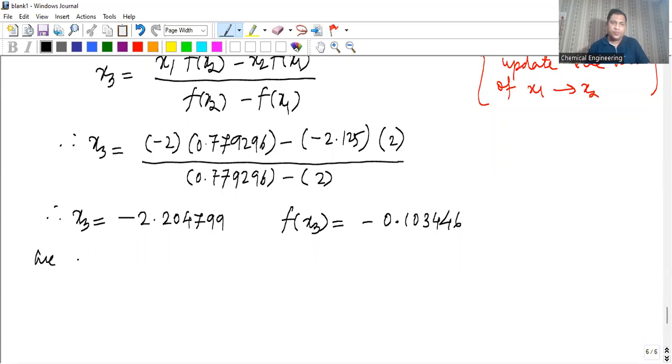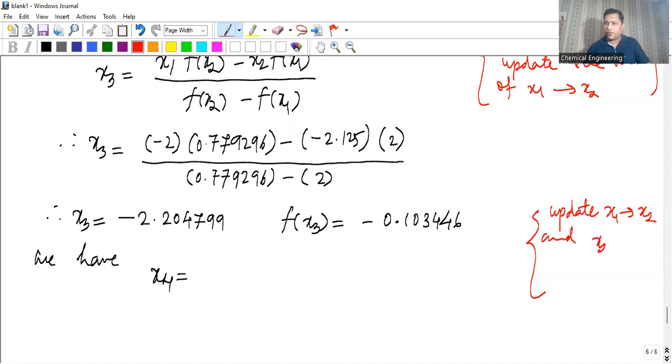So next iteration we have x4. So what will happen now? Update x1 to x2 and x2 to x3.